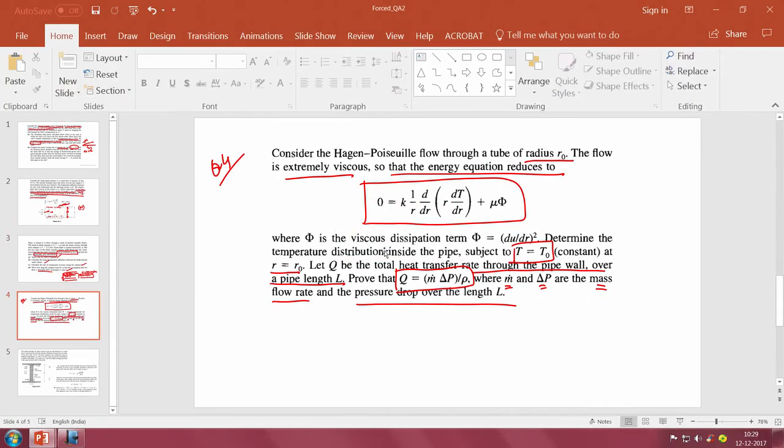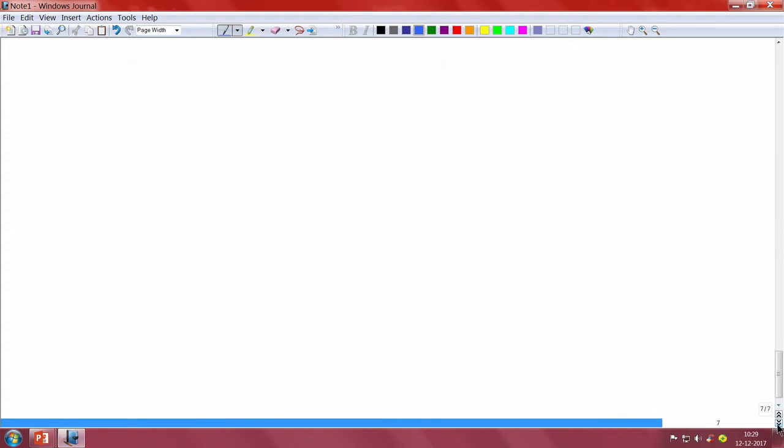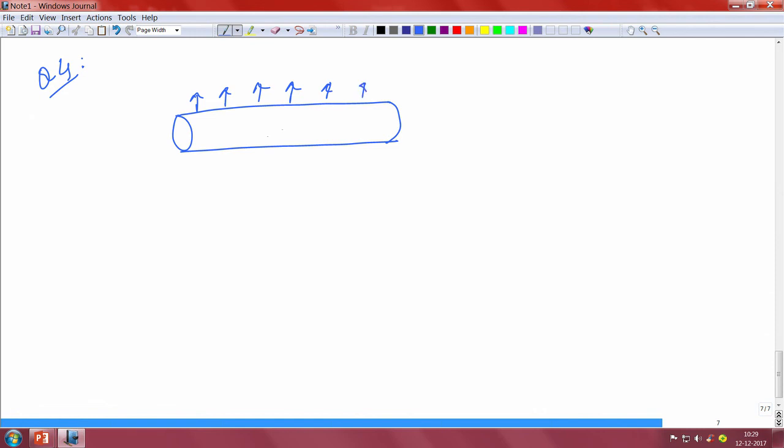So, let us see. This is the pipe. m dot is going through the pipe, this is the radius r.